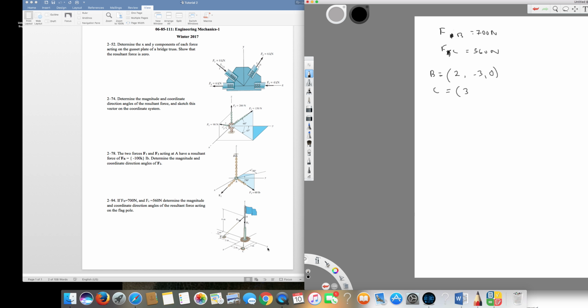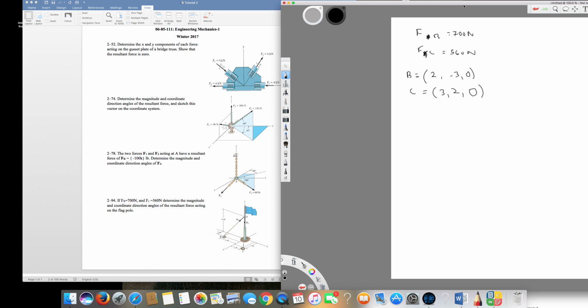So wherever they put x, y, z, that side is positive. We have to consider that. So that's how I'm writing this. C is x equal to 3, y is 2, and z, this is in the bottom level, therefore z is 0. So we got the coordinates for this one.